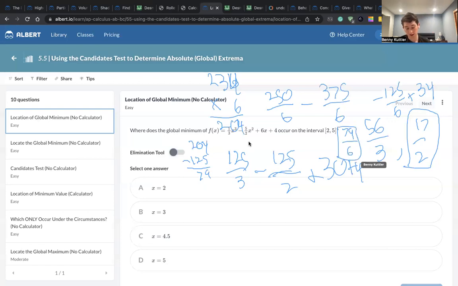So if we look, that is not smaller than 17 over 2. So we know that this 17 over 2 is our global minimum on that interval. So 17 over 2, that's equal to, let's look at the graph.